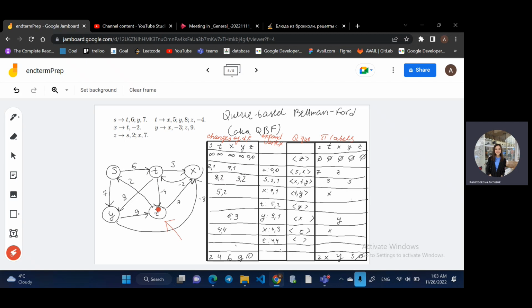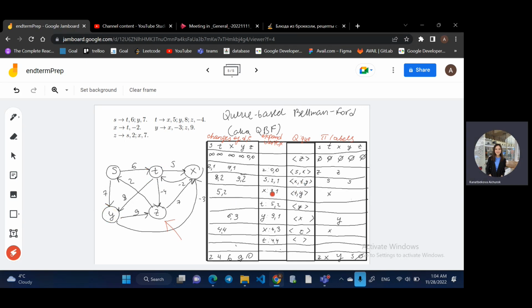For Y, it's the same. So 2 plus 7 is 9, and the number of edges is 2. So we update them here, here, and of course, we need to put this T and Y into the queue because we have found something smaller than infinity, because their previous D and E values were infinity. So we put them in alphabetical order. So first T and then Y.